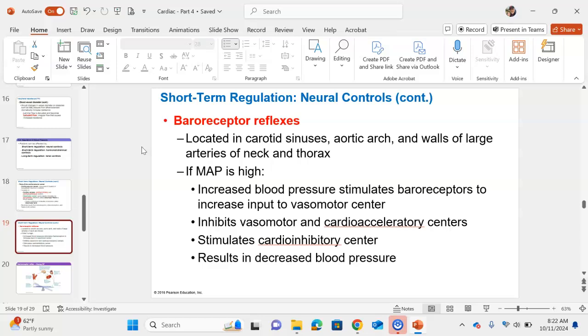So we've talked about reflexes in the neuro unit, in our very first unit. And if you remember, we did our really fun reflex lab where we did reaction time testing and the patellar reflex and all that fun stuff. This is a reflex that we can't recreate in a lab. But this is a short-term neural mechanism.